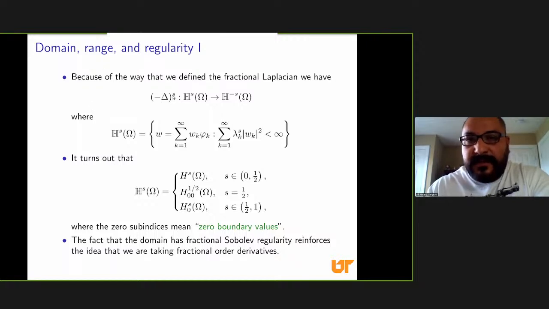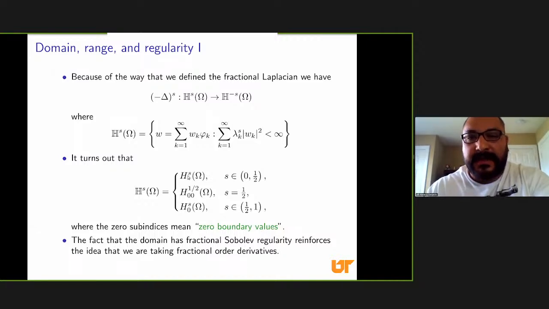My fractional Laplacian is going to be a function that acts from this fancy H^s to its dual, where this is just functions that, depending on the eigenfunctions of the Laplacian, are square summable with some power of the eigenvalues. And it turns out that there is some equivalence between these spaces and classical fractional Sobolev spaces.